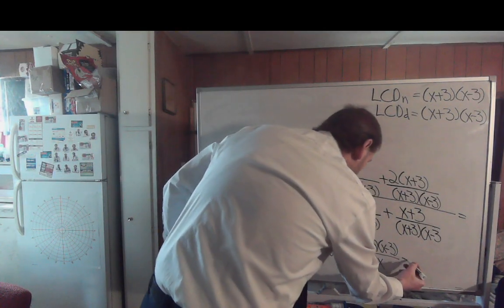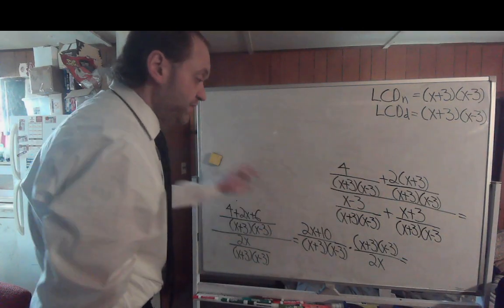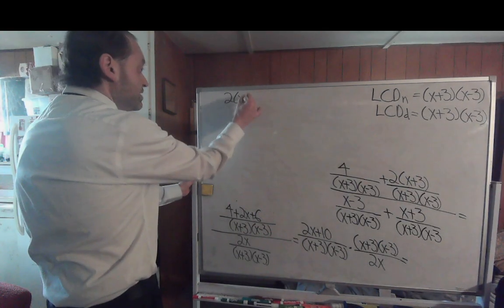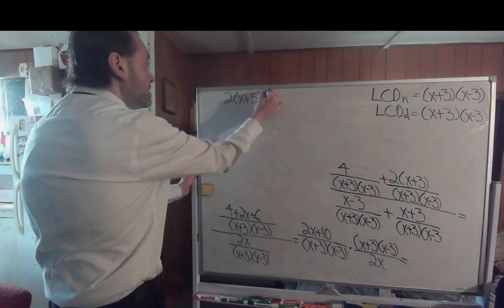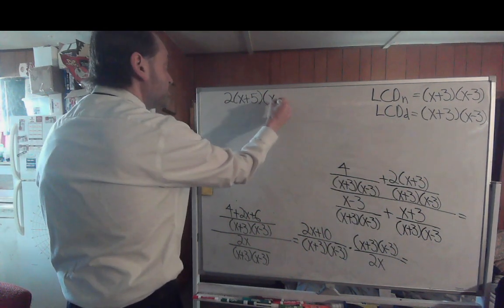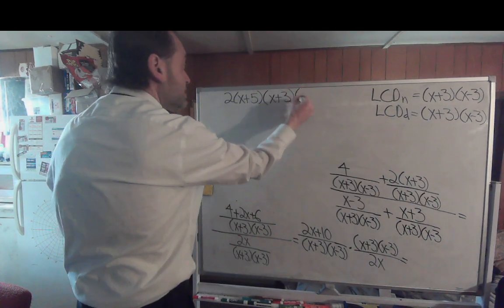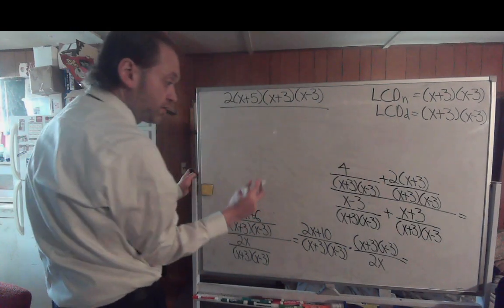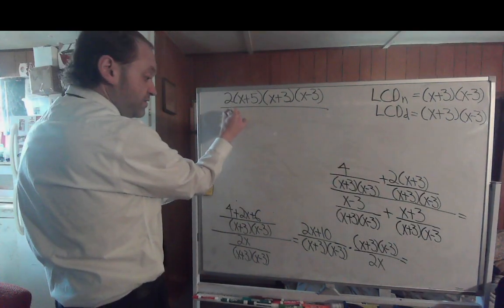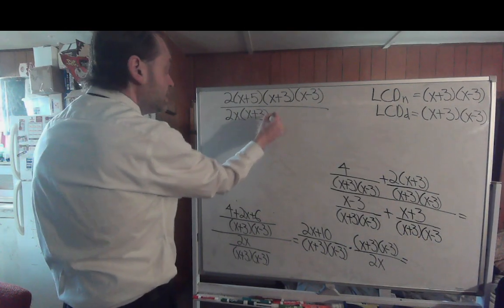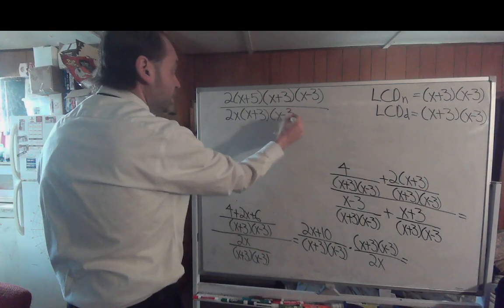Well, you notice in the numerator you can factor out a common 2. So this would turn into 2 times the quantity of x plus 5 times the quantity of x plus 3 times x minus 3 all over your denominator of 2x times x plus 3 times x minus 3.